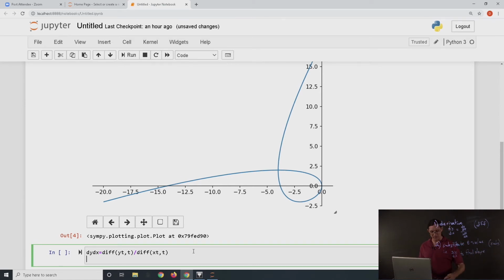Then we require the subs command in Python. So m is equal to dy dx dot subs, and we are going to substitute t is equal to negative 2.